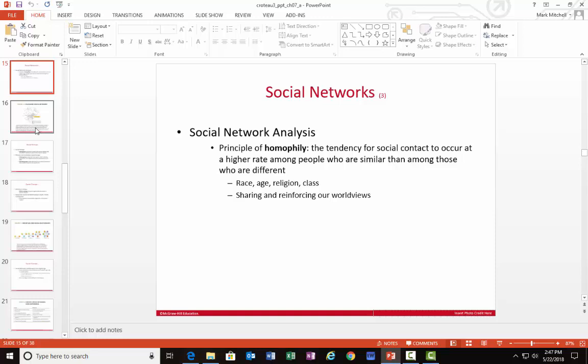Our book also mentions that when you're a college student, that's probably the time in your life where you're around the most different kinds of people that you're ever going to meet. And so usually when people have some experience with different groups, like what we've mentioned here on the slide, then they tend to be open to those networks.